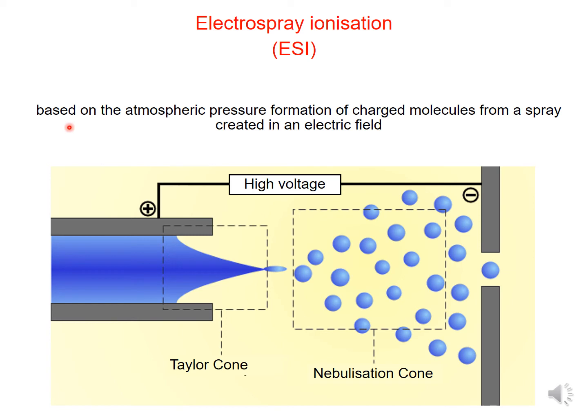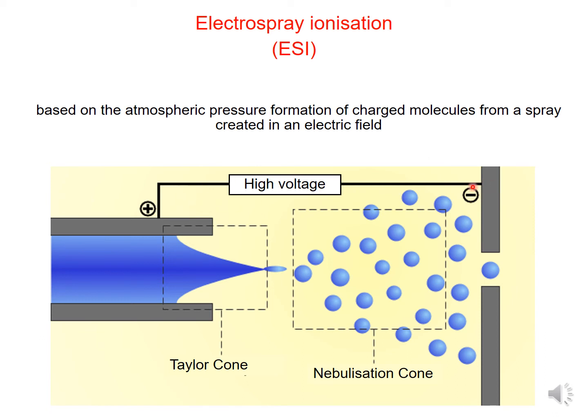And this source is based on the atmospheric pressure formation of charged molecules from a spray created in an electric field. It means that we have a capillary here, a classical stainless steel capillary, and here you have liquid, and we apply a high voltage, a difference of potential, between the cathode and the anode.